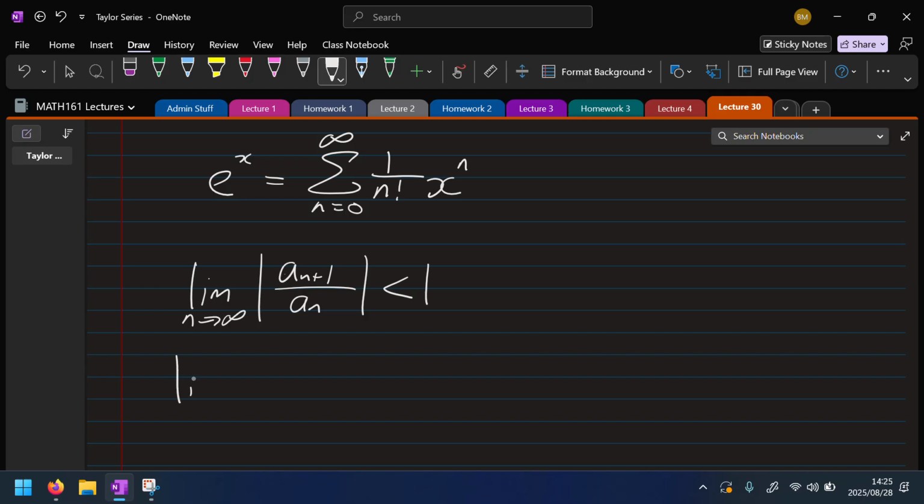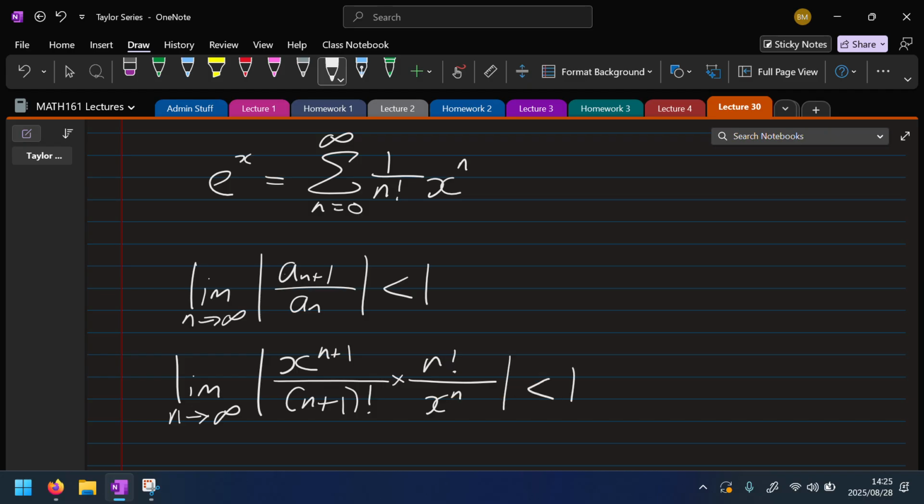So this will be the limit as n goes to infinity, absolute value, x to the n plus 1, because we replace n with n plus 1, over n factorial, but we replace it with n plus 1, times, and then we flip it around. So the top will be n factorial, and the bottom will be x to the n. And we still want this to be less than 1.